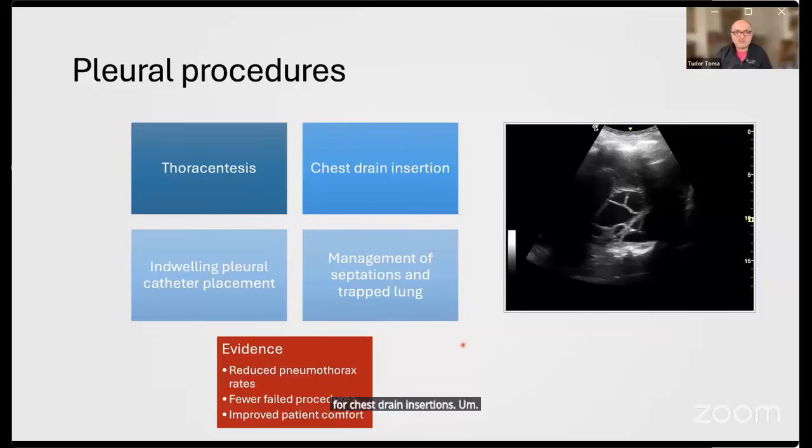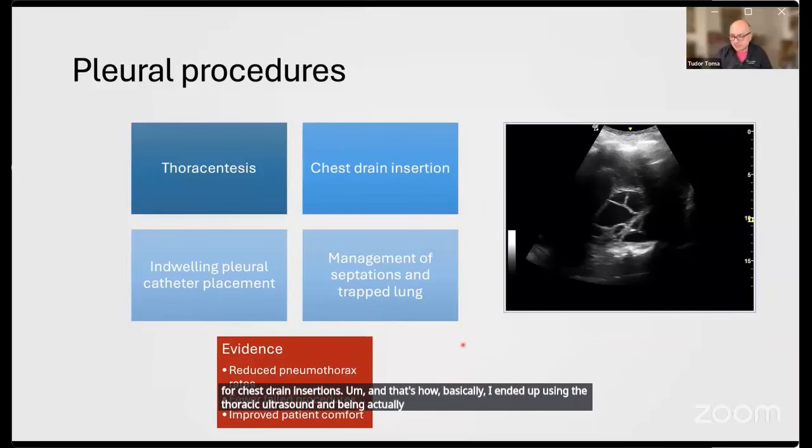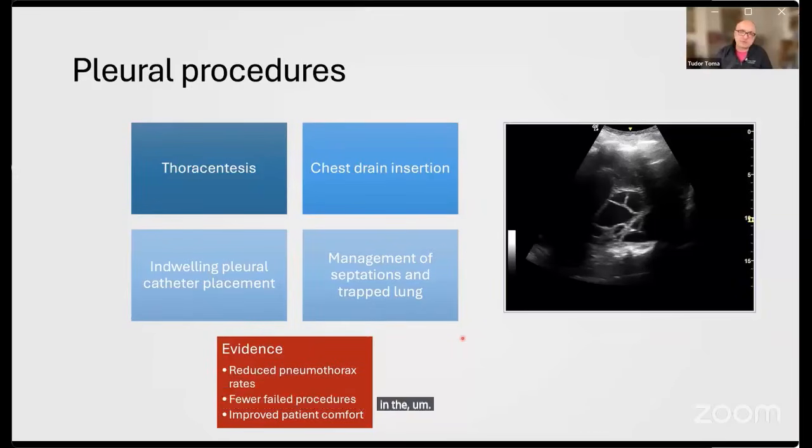And that's how I ended up using thoracic ultrasound and being responsible in the hospital where I work for its implementation. But that was in 2006.